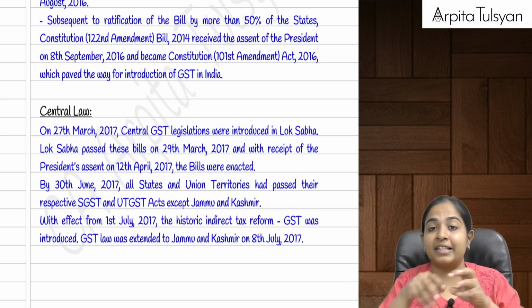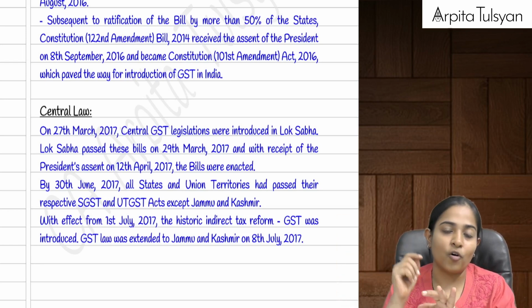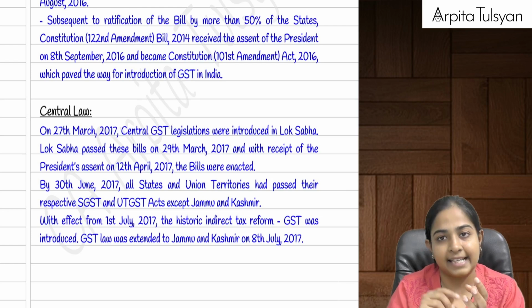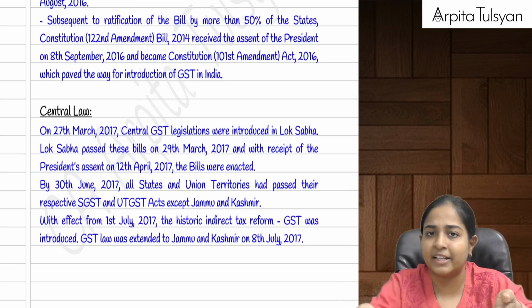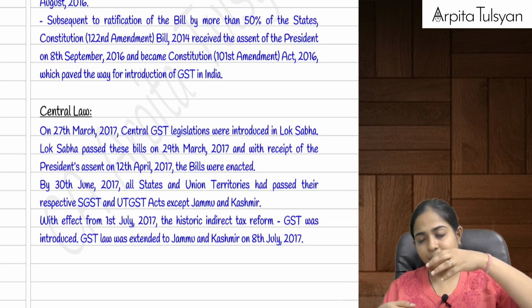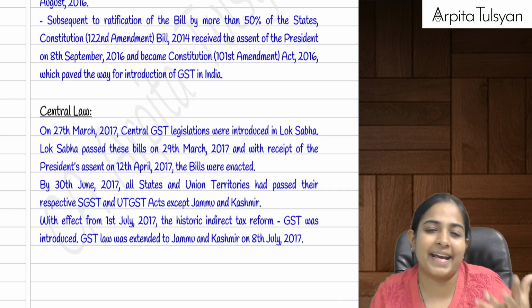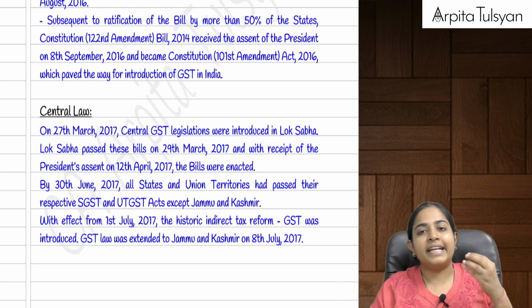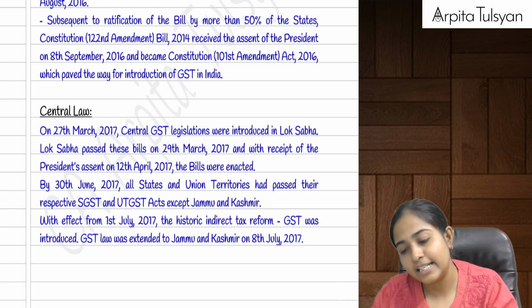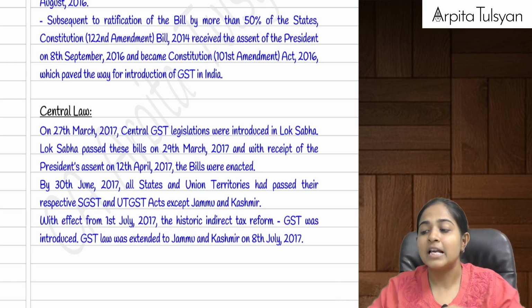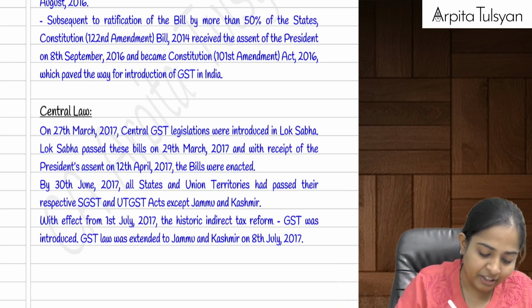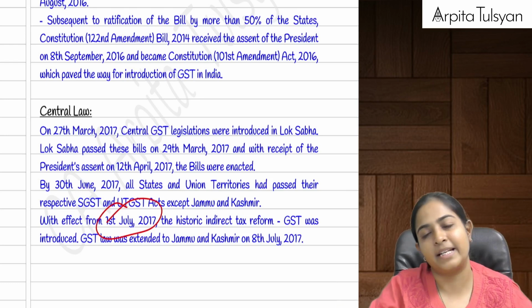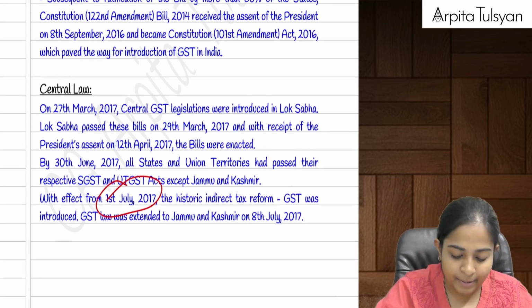Once the central law was passed, the states and the union territories introduced their respective laws, just like you must have heard about SGST, state GST and UTGST. They passed their own legislations, and with effect from 1st July 2017, this GST law came into picture.